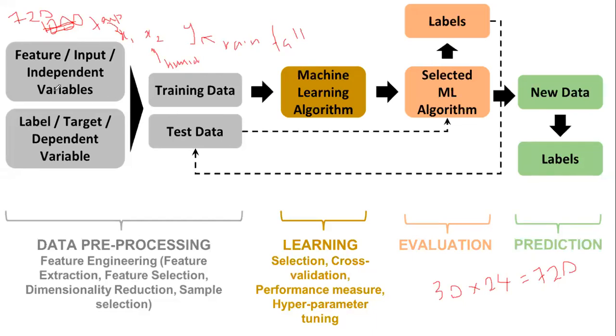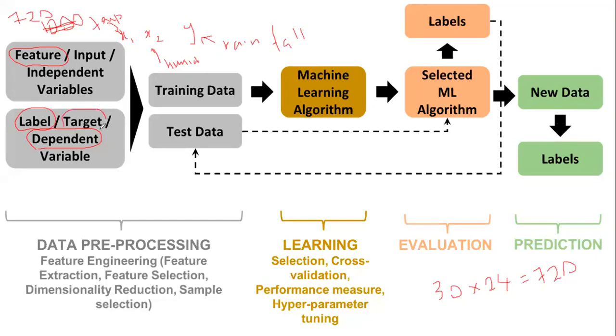So these x1, x2, the temperature and humidity, are called either input variables, independent variables, or features. In data science, we call these features, right? Y is the dependent variable. You know this, right? For A levels you have done. But in data science terminology, under supervised learning, we call it labels.